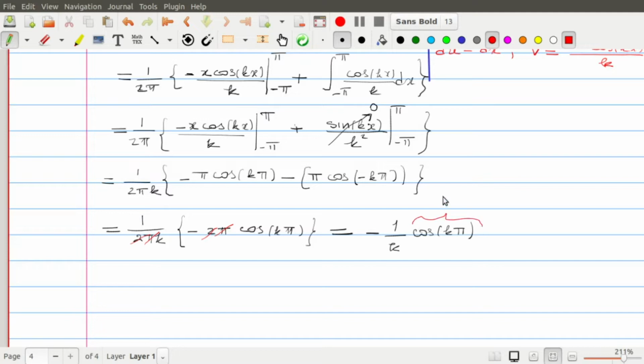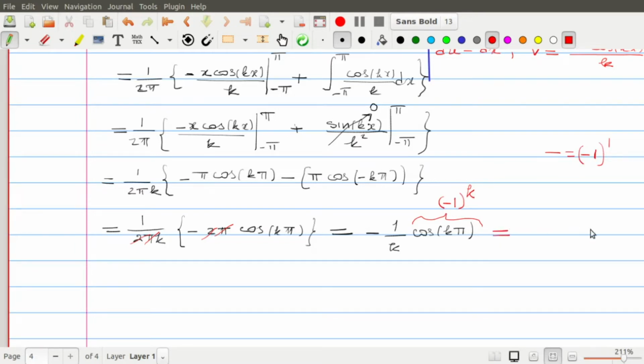But this negative in front also is negative 1 to the 1. So if I multiply negative 1 to the 1 with negative 1 to the k, it gives negative 1 to the k plus 1.